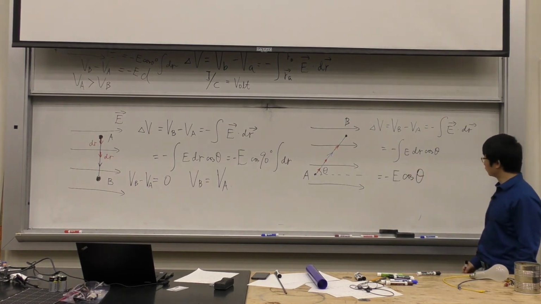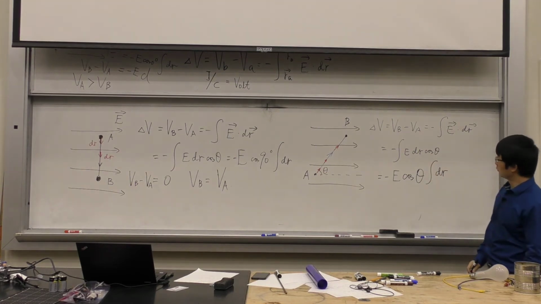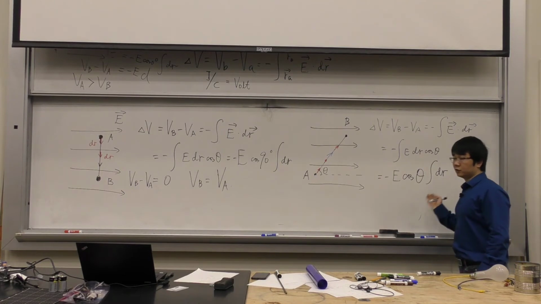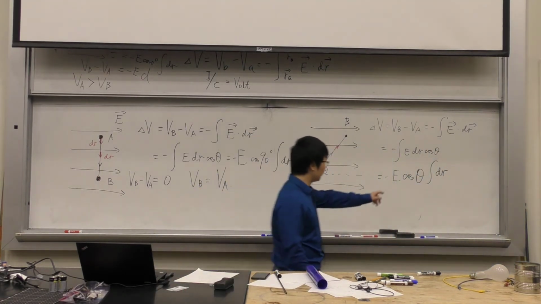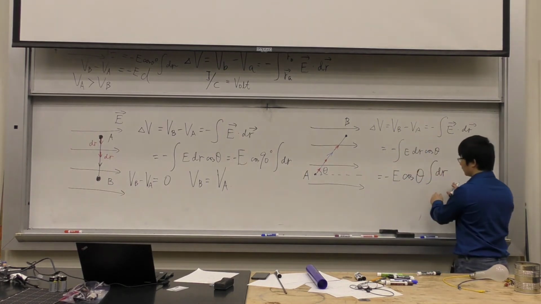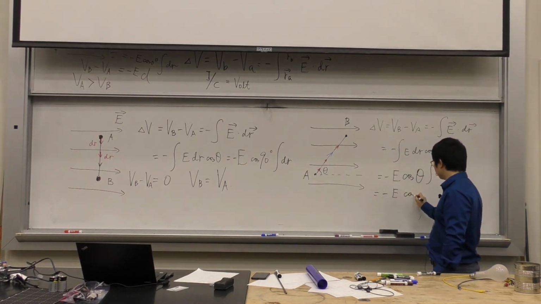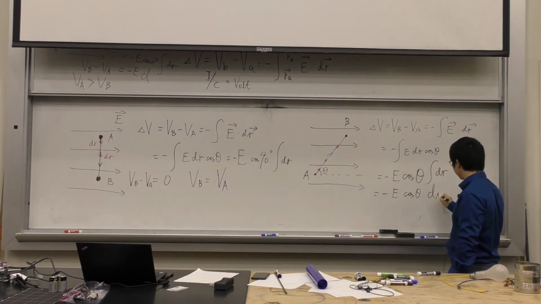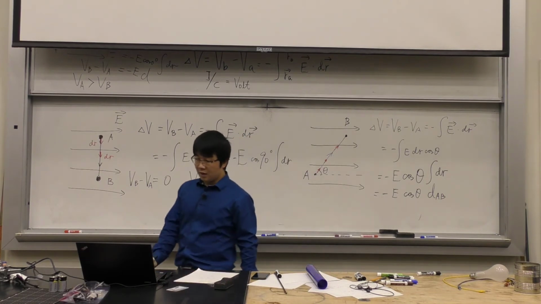It can be any angle, right? Now integral over dr. But again, if you integrate over dr and nothing else is in there, you just get the total length, right? So in this case, you just get E cosine theta and the distance between A and B. So it's going to be this distance, right?